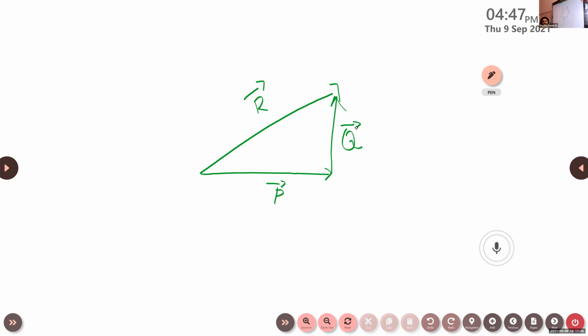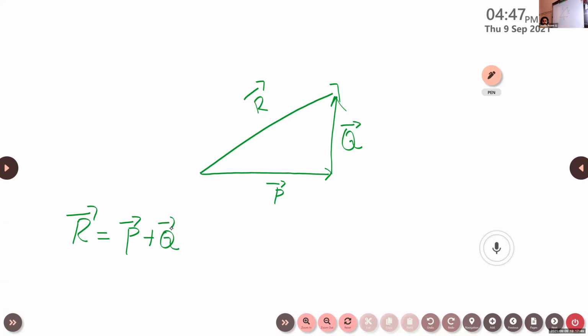I split this resultant vector R into two, vector P and vector Q. So we can say vector P and vector Q are the components of the resultant vector R, or we can write vector R is equal to the sum of these two vectors, vector P plus vector Q.